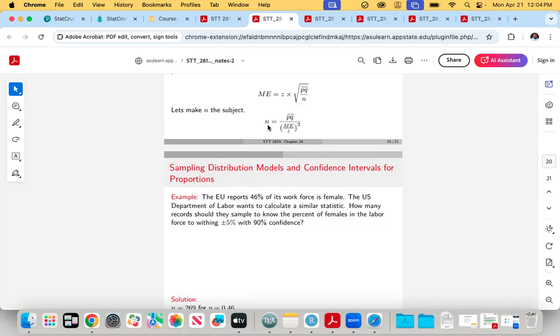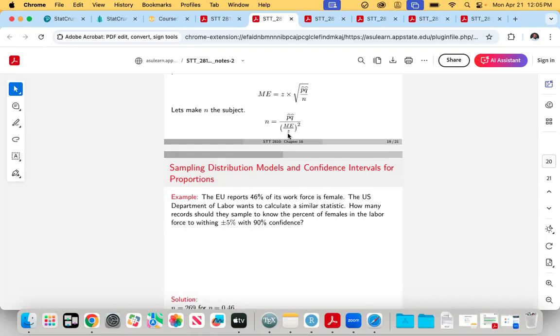We have N equals P hat, Q hat, margin of error divided by Z, all squared. So this is the formula we are going to use if you want the sample size using proportions.